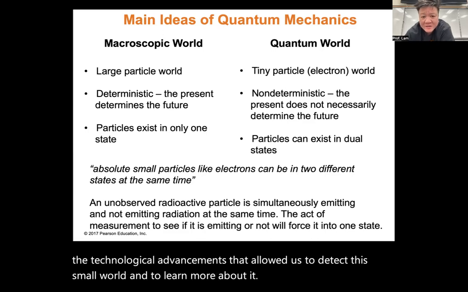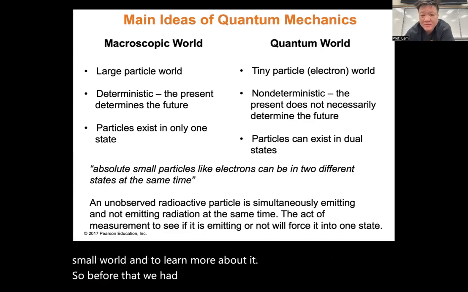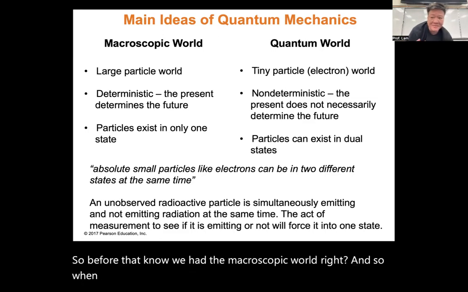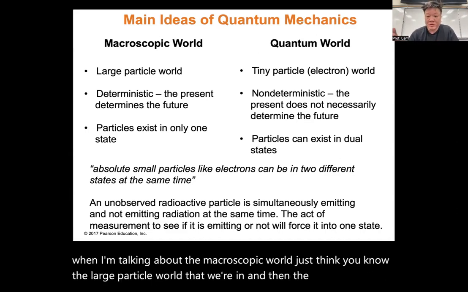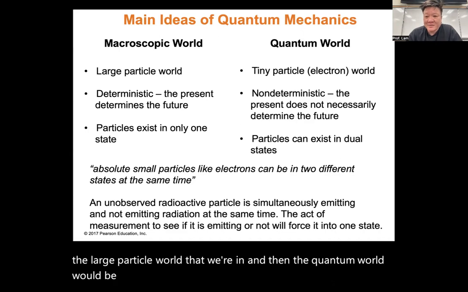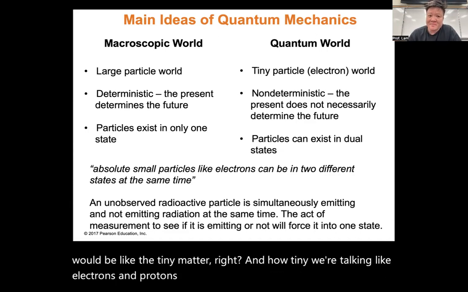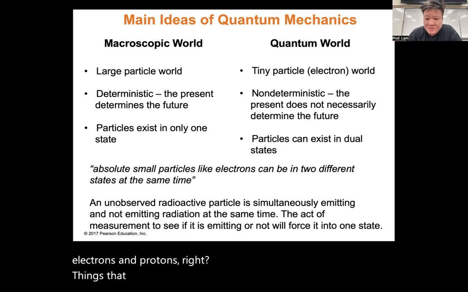So before that, we had the macroscopic world, right? When I'm talking about the macroscopic world, just think of the large particle world that we're in, and the quantum world would be like the tiny matter. And how tiny? We're talking about electrons and protons, things that you can't even see using a microscope. It's way down there.